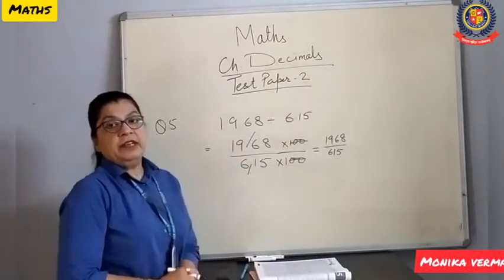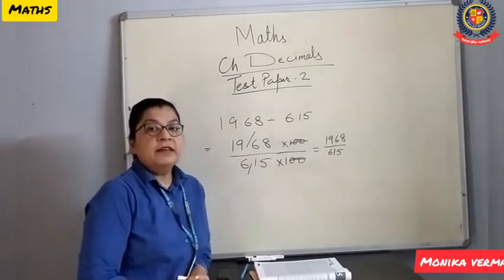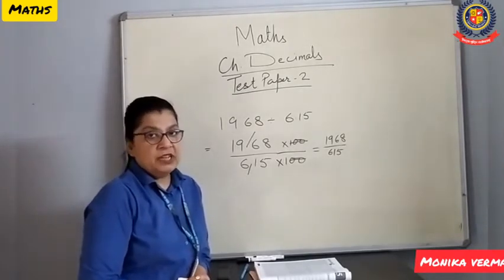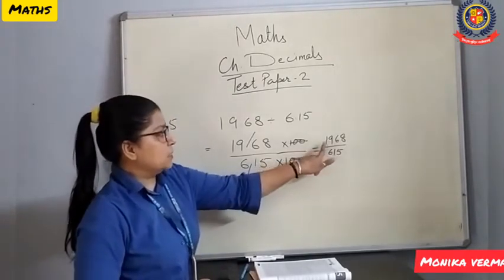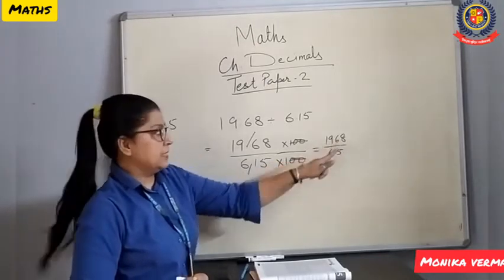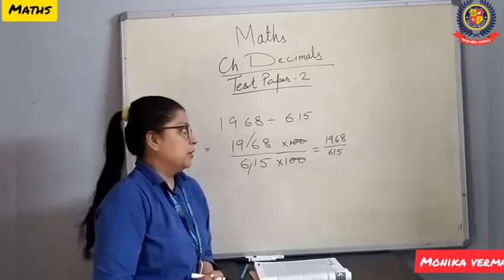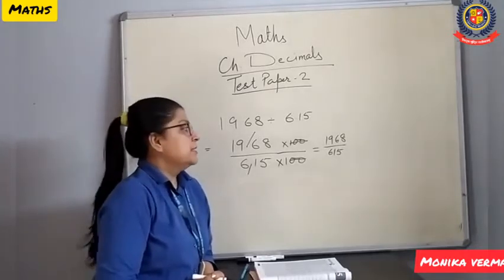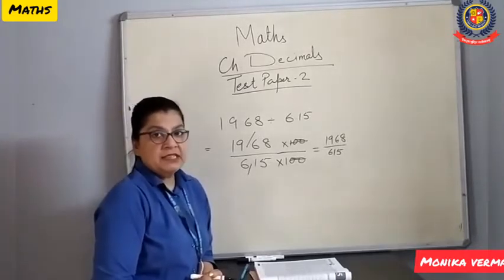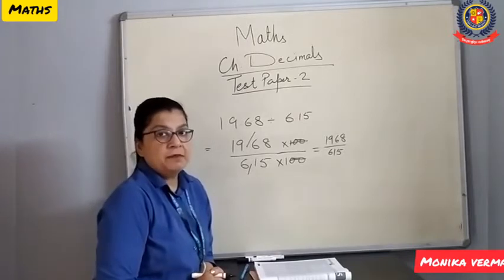Okay, we can divide it or we can reduce it. First we check whether we can reduce it. 1 plus 9, 10, 10 plus 6, 16, 16 plus 8, 24. It can be divided by 3. 6, 1, 5: 6 plus 1, 7, 7 plus 5, 12. It can also be divided by 3.